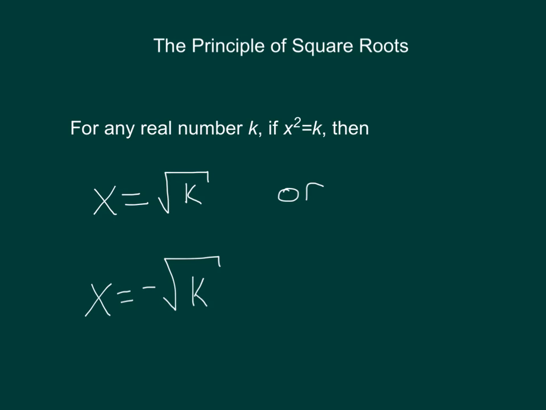Normally when we're just dealing with linear equations, we'd only get 1 answer. If you think about all the equations that you're used to solving, the exponent was 1. You got 1 answer. Now we're going to be dealing with squareds, quadratics, and so now we're going to have potentially 2 answers.